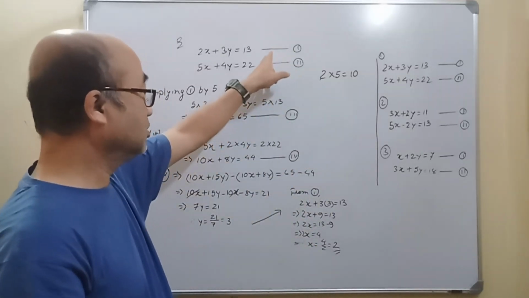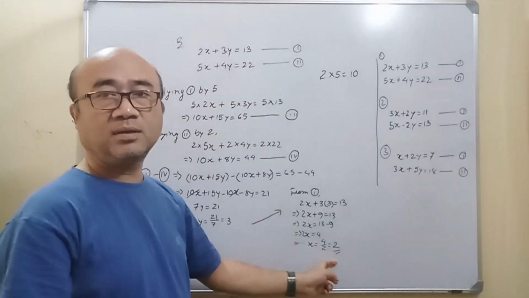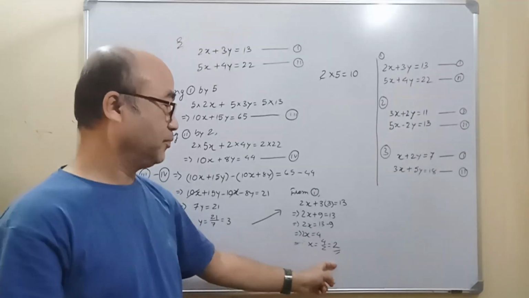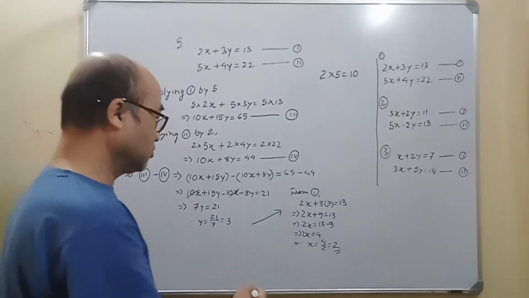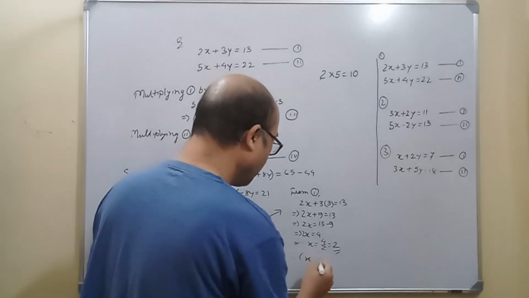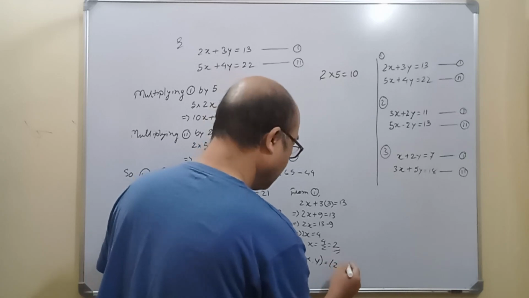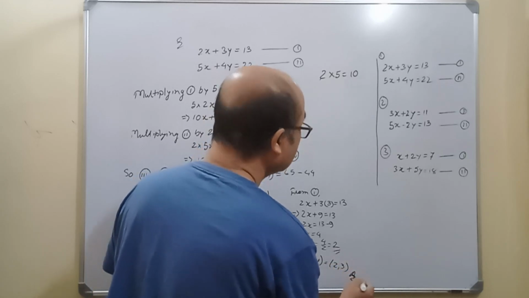You can substitute in 1 or 2 and get the solution like here. So x and y is 2 and 3. That is the final solution.